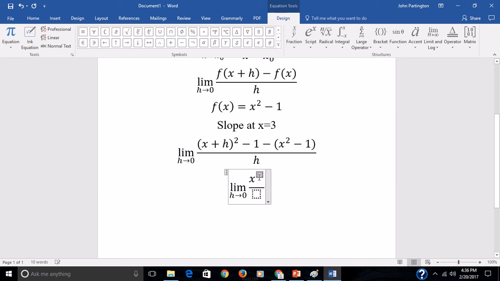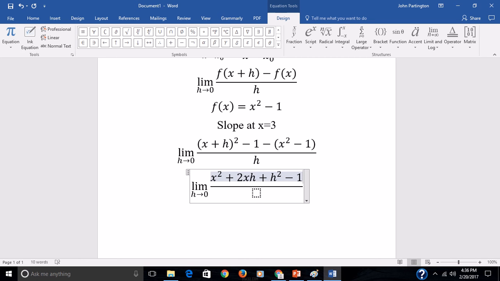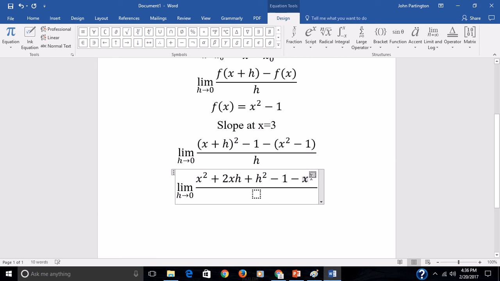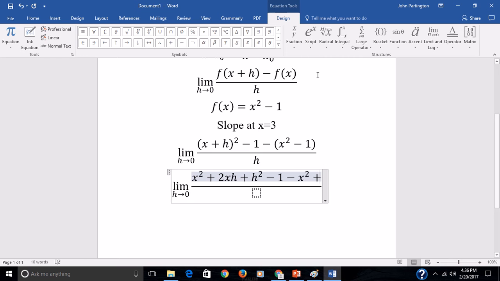We're going to have x squared plus 2xh plus h squared. Now we're going to have minus 1 minus x squared and a plus 1. Definitely have to watch the negatives, they can trip you up. So we're going to have this big annoying looking thing, and now we're going to have all this over h.